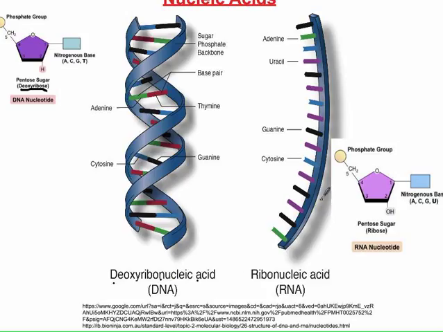And for ribonucleic acid, RNA, the sugar is ribose. So we have the name ribonucleic acid. That's the first main difference between DNA and RNA, and I'll go into a little bit more detail in a couple of minutes.